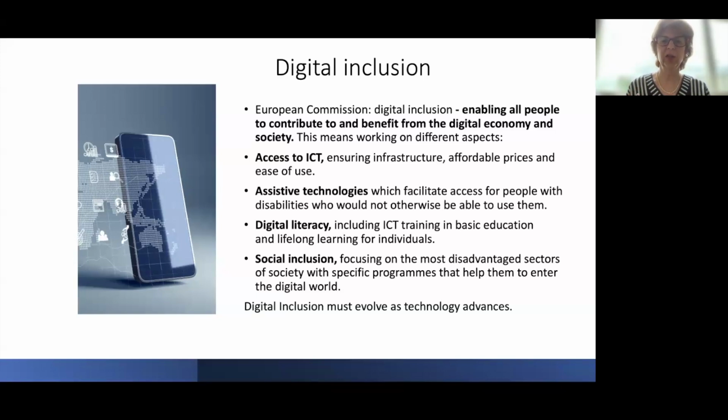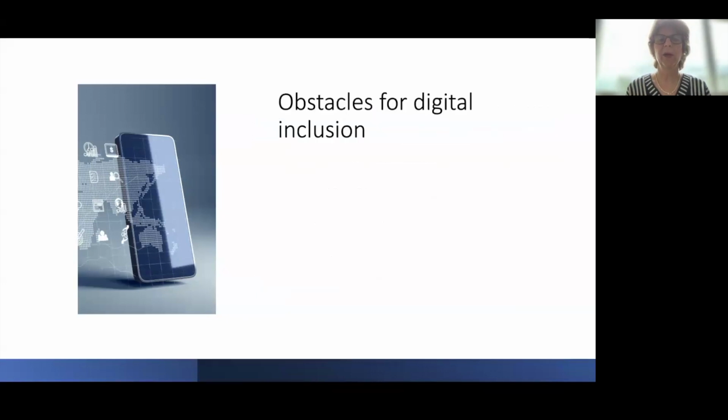And also digital inclusion, just as any other aspect of inclusion, is evolving. It's a process, it's never an end state. So we have to think about digital inclusion changing and transforming and evolving as technology advances, right?